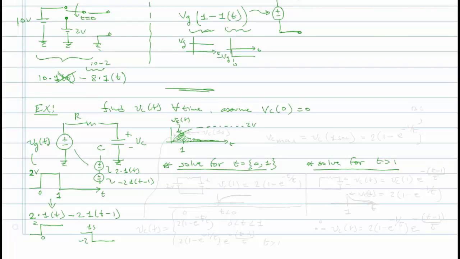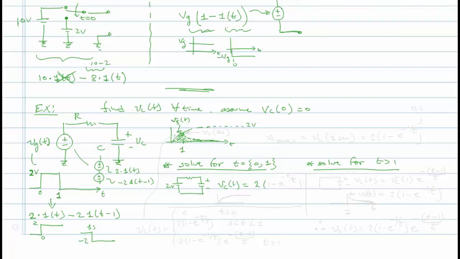So in the time period of t from 0 to 1 second, the circuit we have is 2 volts driving our RC. And we can write the response here by inspection at this point because we've solved this enough. VC is equal to, the final value will be 2 volts, and the initial value we said was 0.